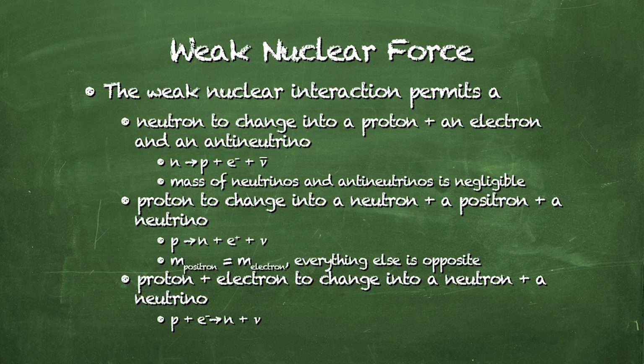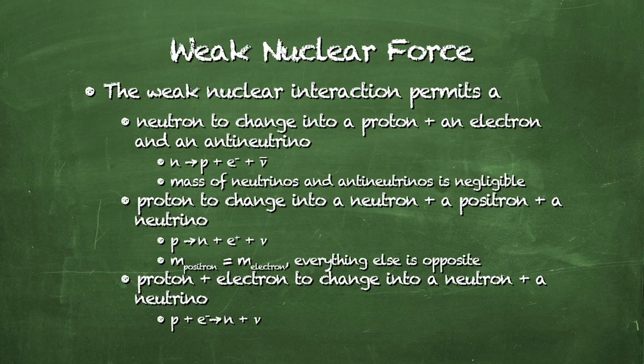A neutron goes into a proton plus an electron, the e- is an electron, plus an anti-neutrino. That is the nu, a Greek letter nu, with a bar on top of it. The bar signifies an anti-neutrino.